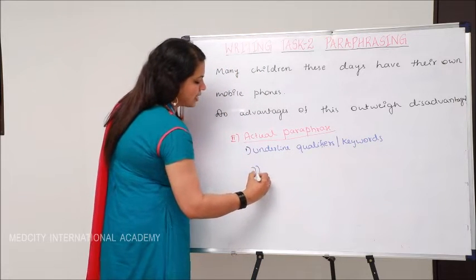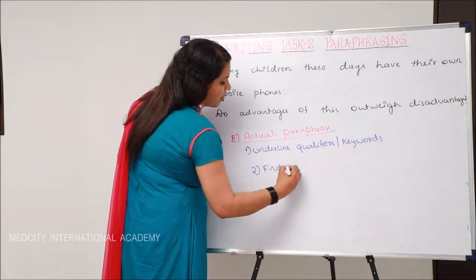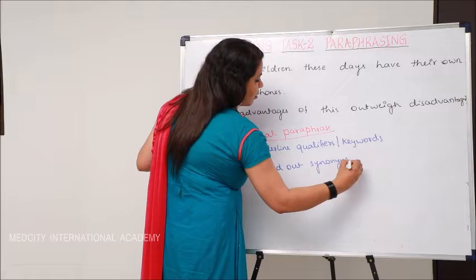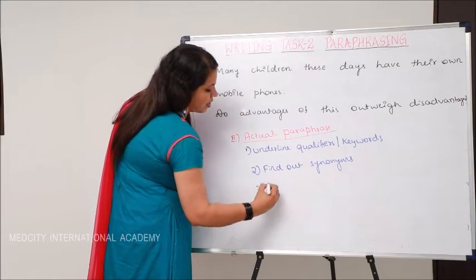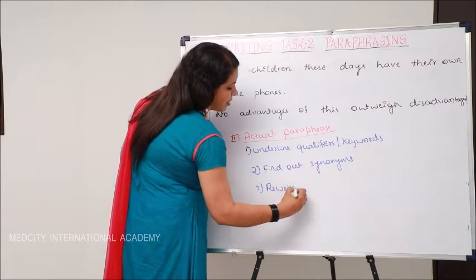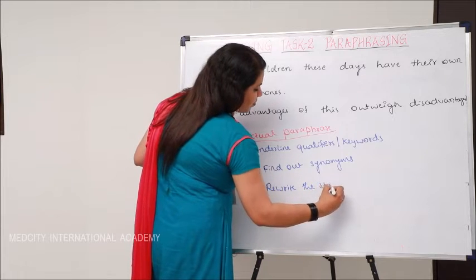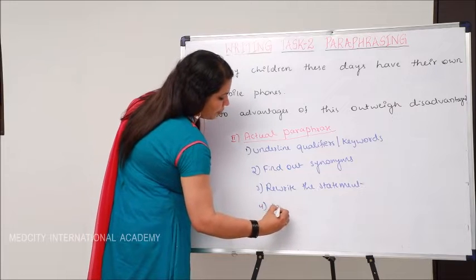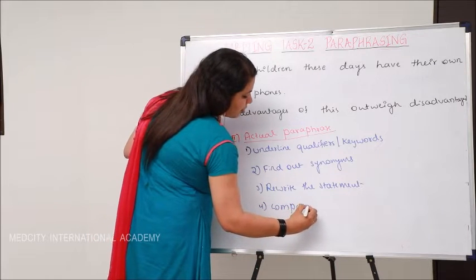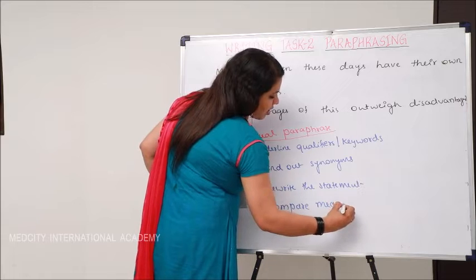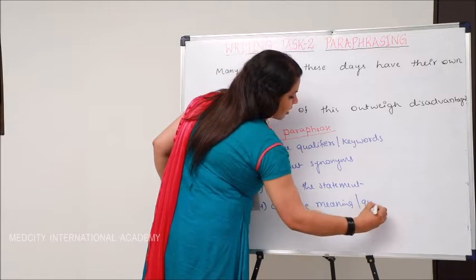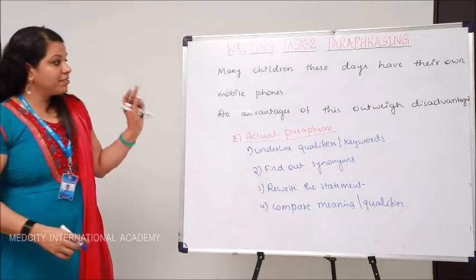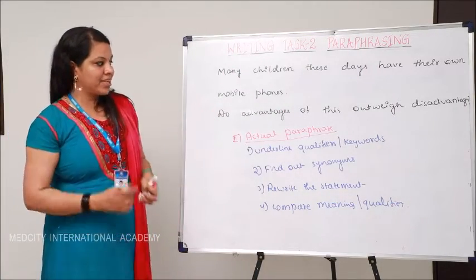Then as a second step, you have to find out synonyms, and third step, you have to rewrite the statement, and finally you have to compare for meaning and qualifier. Okay, so these are the different steps of your actual paraphrasing.